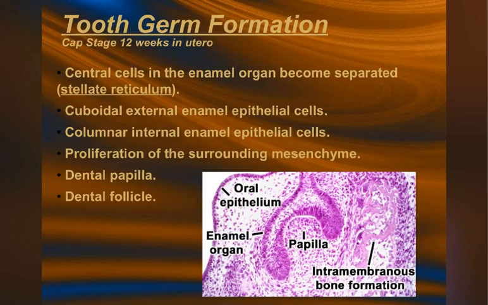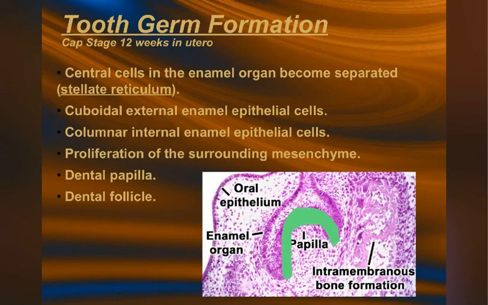And now we can identify 2 parts of the ectomesenchyme. We can identify the dental papilla and the dental follicle. Both of them are ectomesenchyme, so they are outside the enamel organ. This part is called dental papilla. It's in close interaction with the internal enamel epithelium. So it's underneath the internal enamel epithelium.